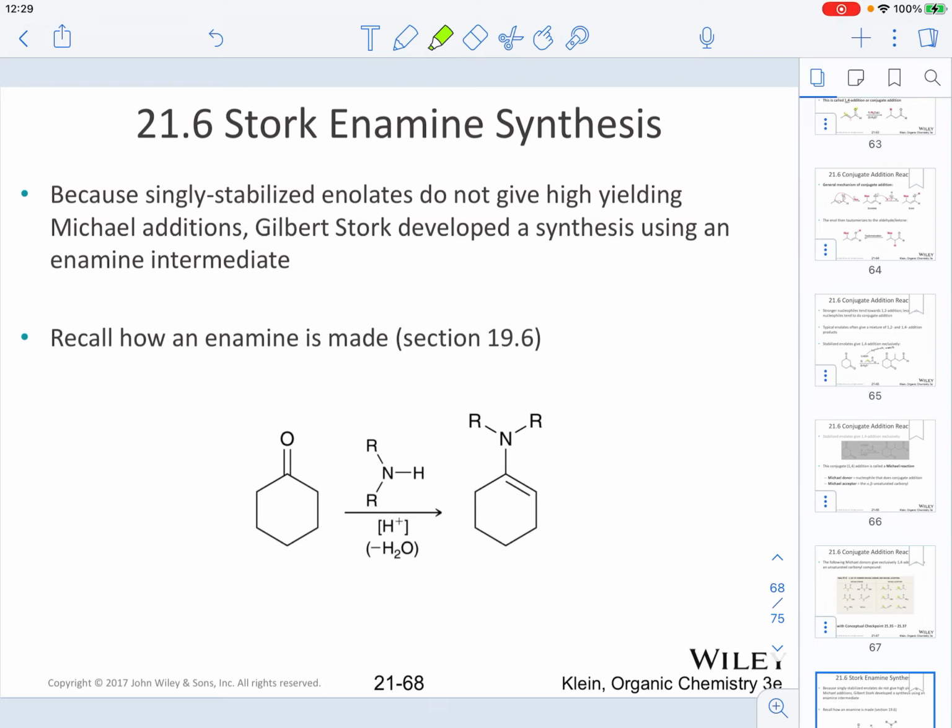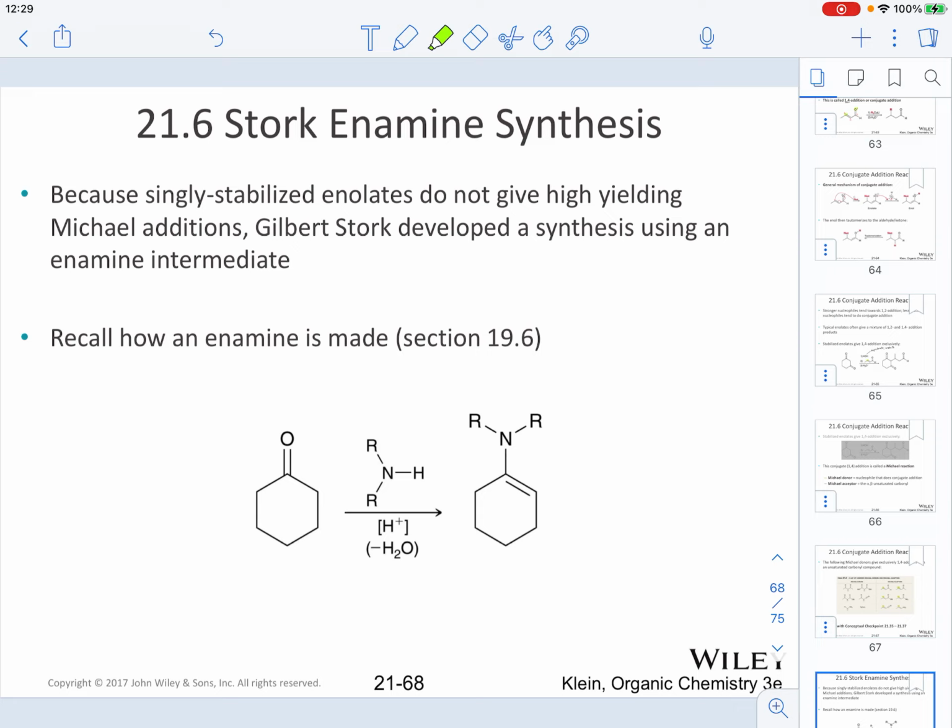Understand that because singly stabilized enolates do not give high yielding Michael addition, we also have a reaction that is called the Stork synthesis. Okay, so this specifically utilizes an enamine intermediate in order to have the reaction work.